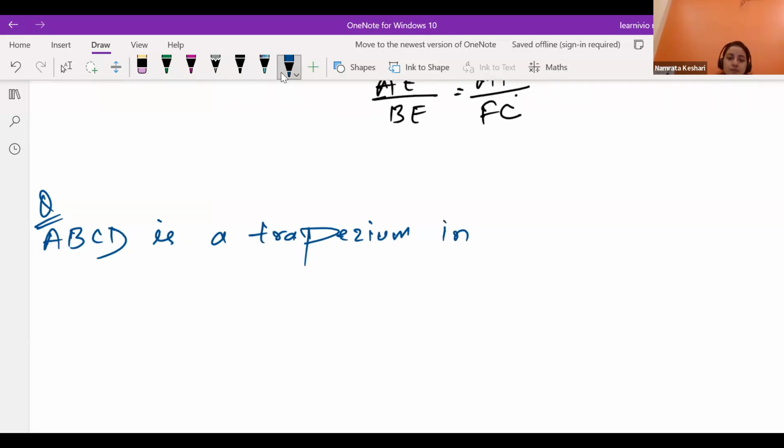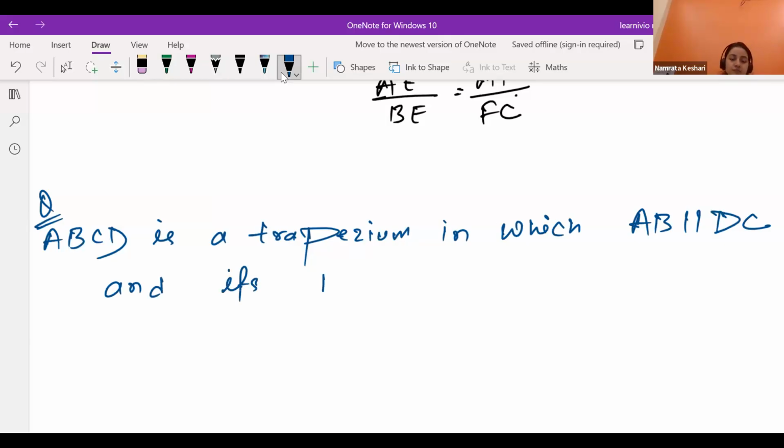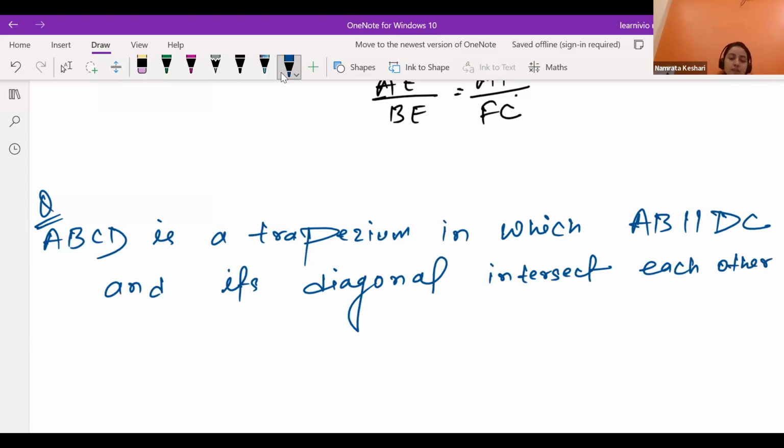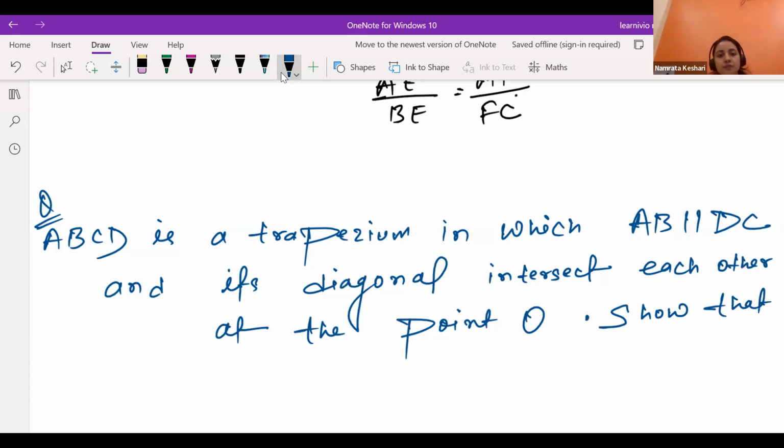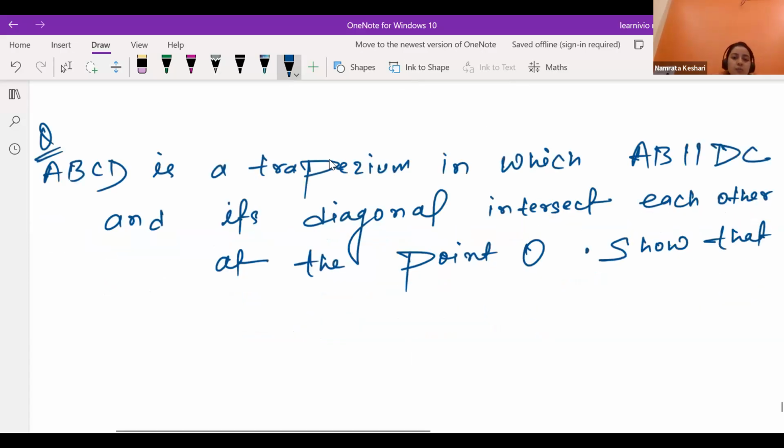In which AB is parallel to CD, and its diagonals intersect each other at the point O, so that AO by BO is equal to CO by DO.